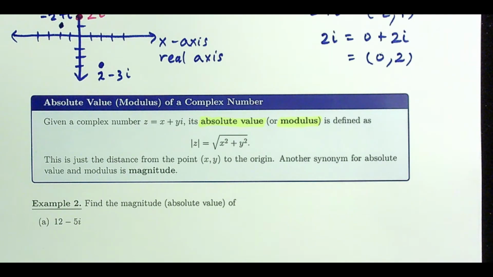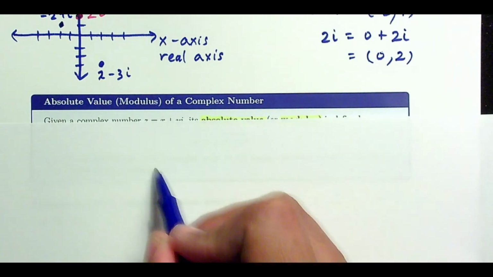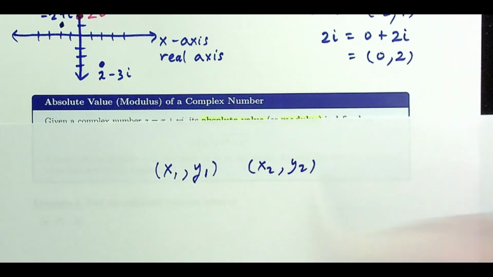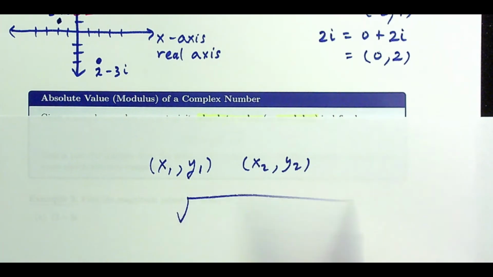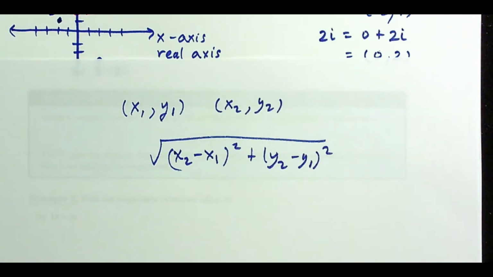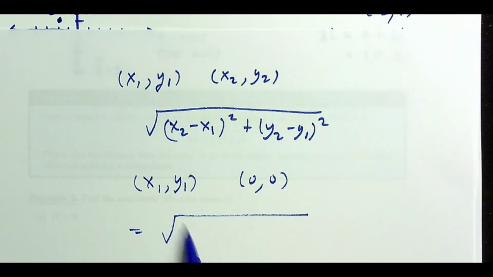And if you remember the distance formula from college algebra, if you have 2 points on the plane, the distance between them is what? You subtract the x's, square, plus subtract the y's, squared, and take the square root of that. So if I have a complex number and I want to find the distance to the origin, then this formula tells me to subtract the x's. The order doesn't really matter.